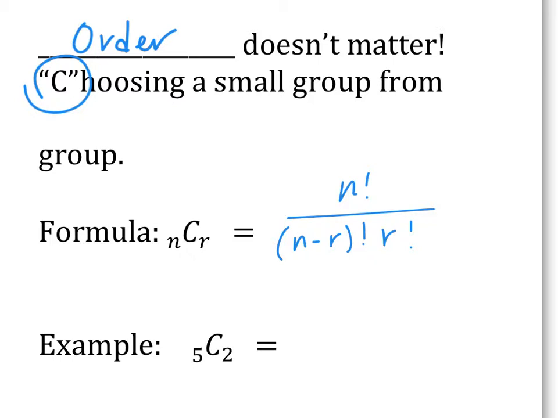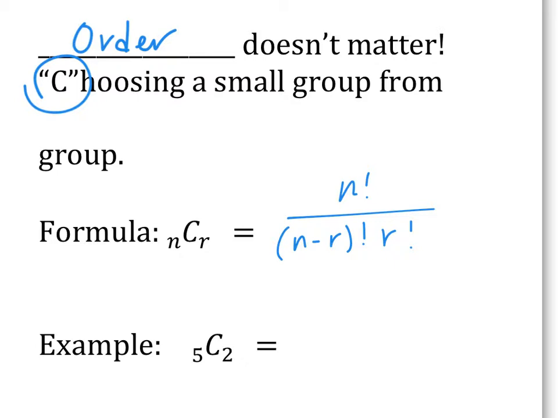So it's very similar to the nPr formula, except it has an additional r factorial that you're dividing. The reason being you don't care about the order, so you actually have fewer ways for them to rearrange.